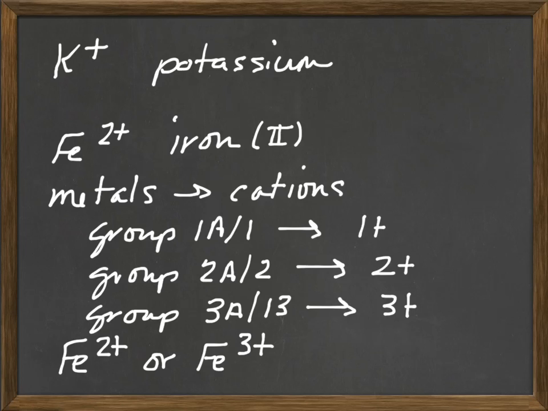So in the name, we have to indicate to the reader which charge the ion has, and so we use the Roman numerals to do that. So iron 2 is going to be iron with the Roman numeral 2, and iron 3 is iron with the Roman numeral 3.